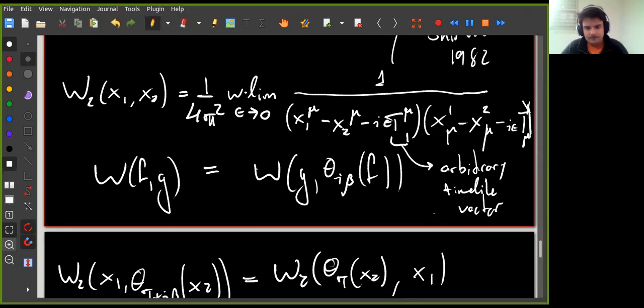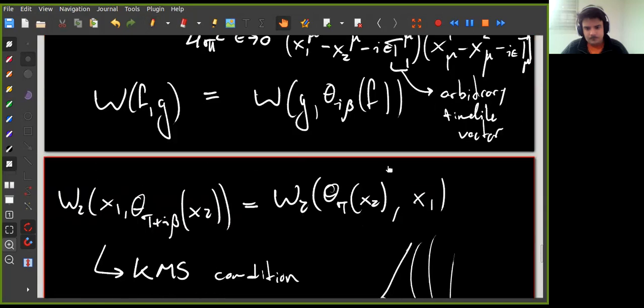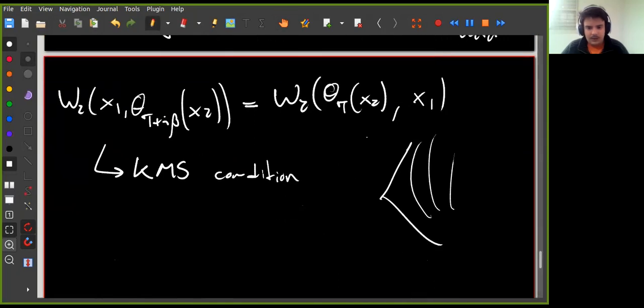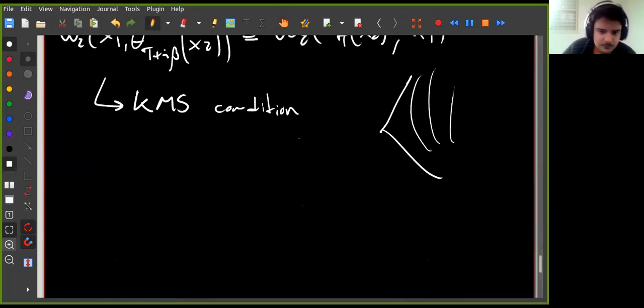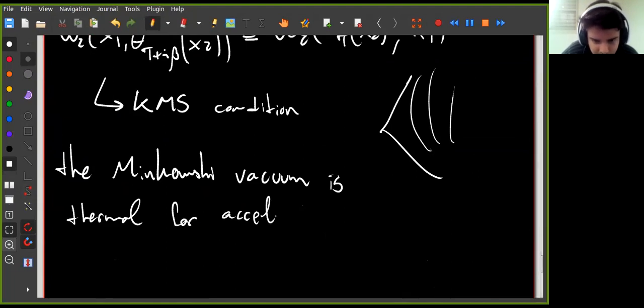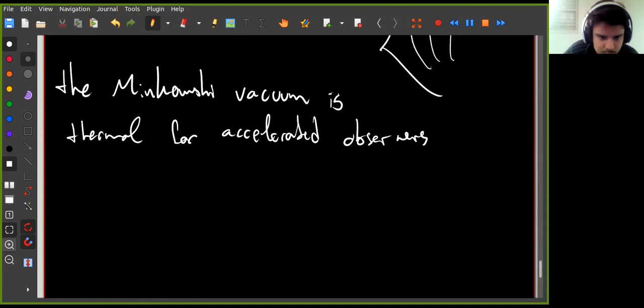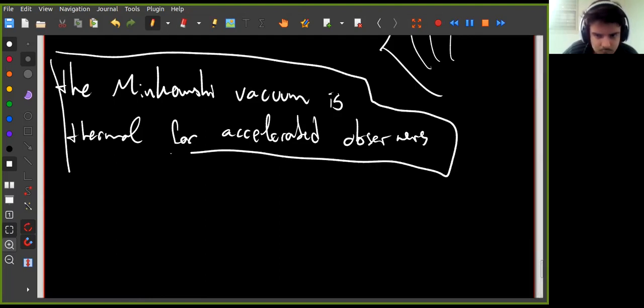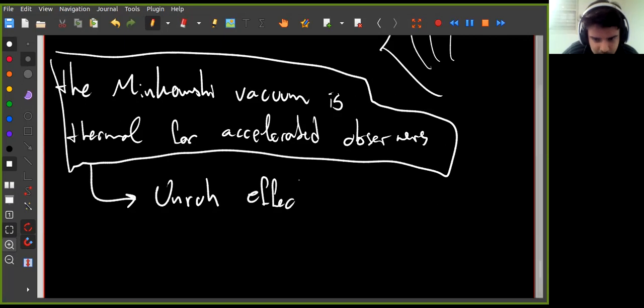And hence we get to the KMS condition, which means the Minkowski vacuum, the usual one from flat spacetime QFT, is thermal for accelerated observers. This is called the Unruh effect.